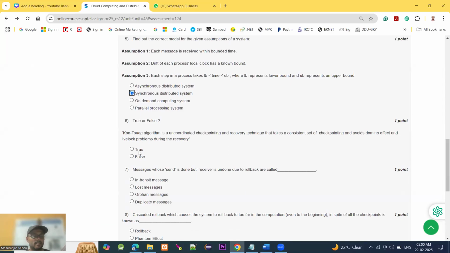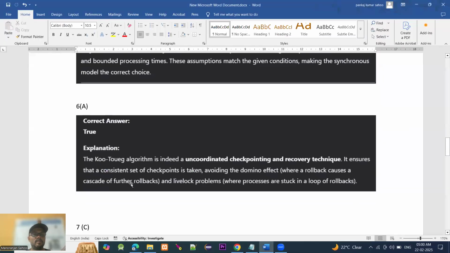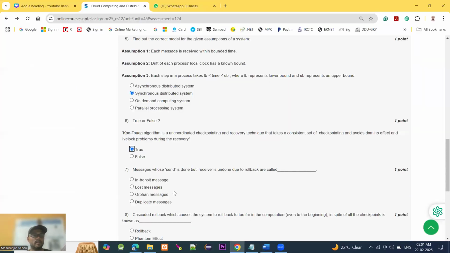We consider it a true statement because the algorithm ensures that a consistent set of checkpoints is taken, avoiding the domino effect, where a rollback causes a cascade of further rollbacks, and the livelock problem where processes are stuck in a loop of rollback. So it's considered a true statement. That's why I choose question 6 option A.